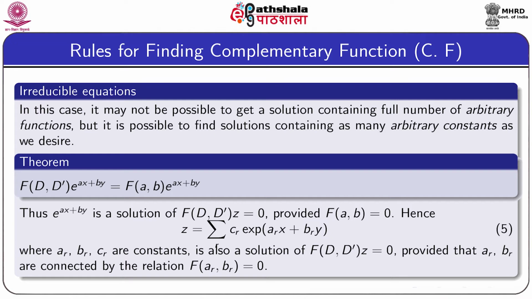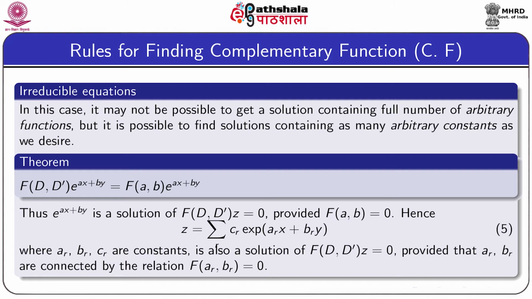Now, using this theorem, one can see that if the equation is given in the form capital F z equals 0, we can assume a solution in the form e to the power ax plus by. If we apply this function instead of z, we will get, according to this theorem, F(a, b) e to the power ax plus by.